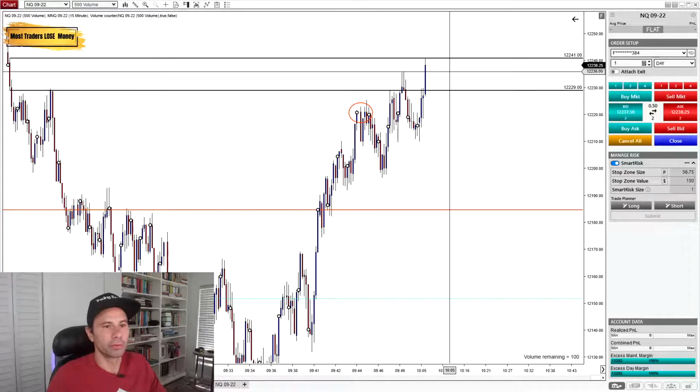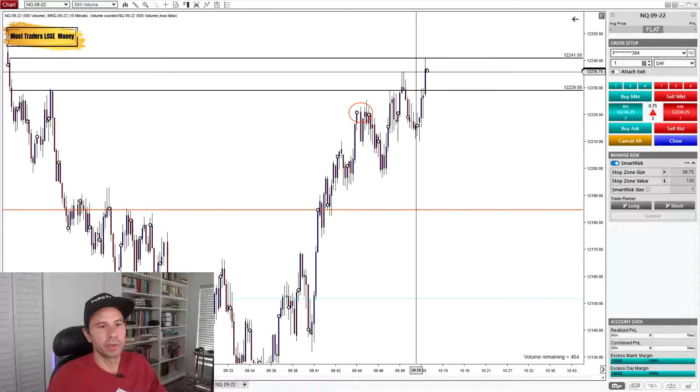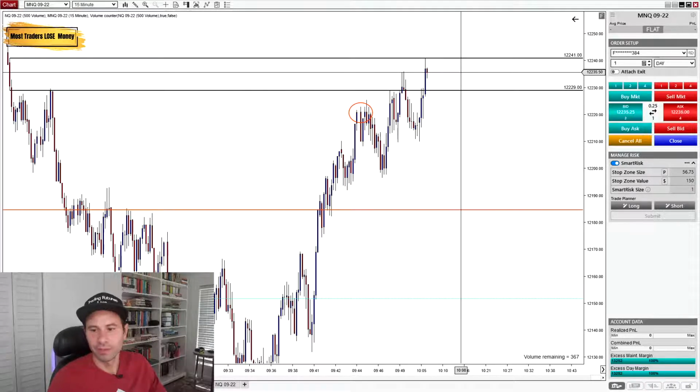One of the reasons I don't trade the overnight areas is because I don't have the information of what happens when that area was created, because the market internals derive from the NYSE, the New York Stock Exchange trading data.